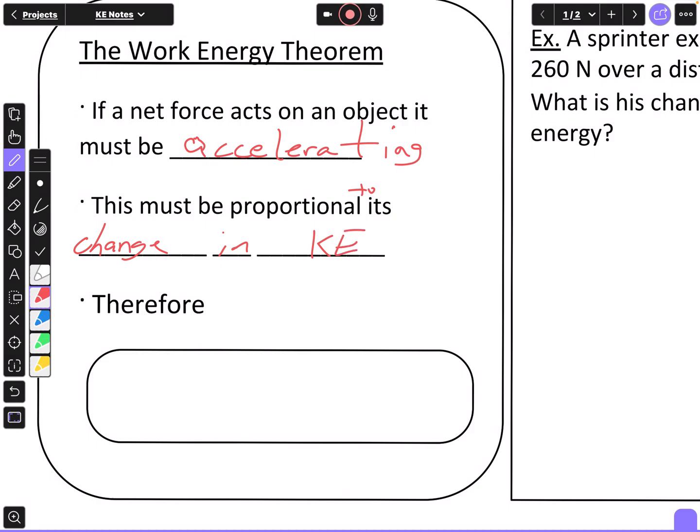So our equation says that the change in kinetic energy, that's what that triangle means, is equal to your net force times your distance. So pretty much change in kinetic energy is equal to F net times d, which is work. So that's just like saying that the change in kinetic energy is equal to work.